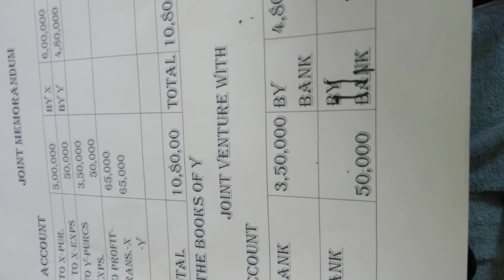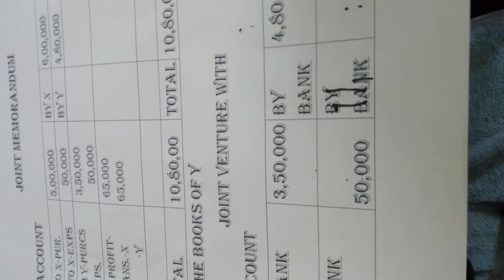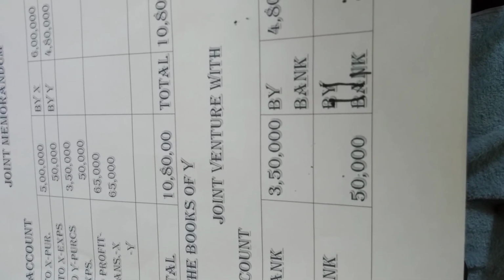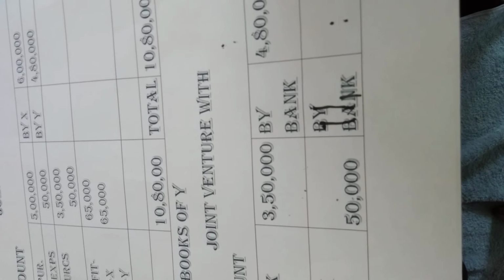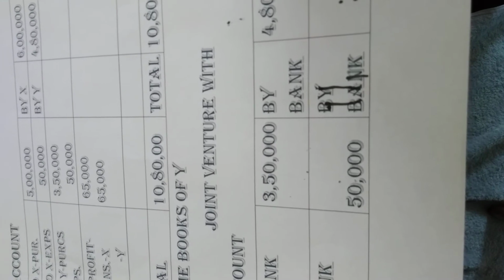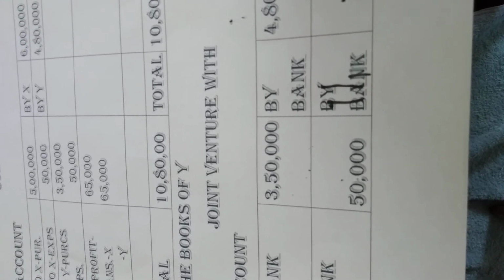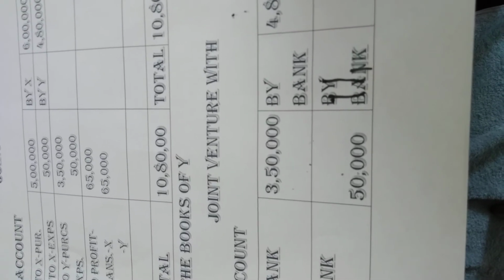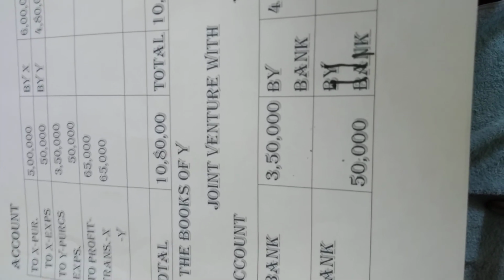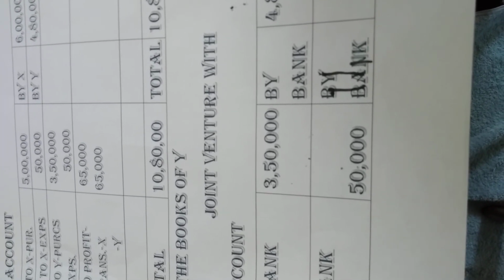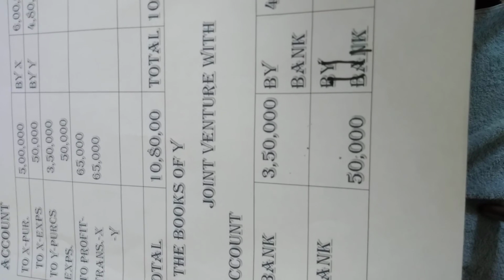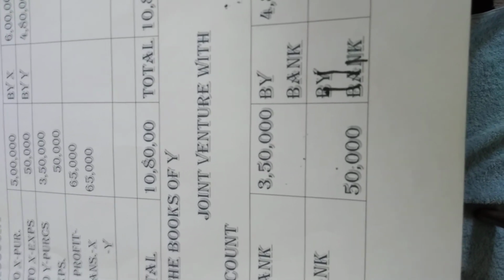And on the credit side, by X 6 lakh he has sold plots for 6 lakh and Y has sold plots for 4,80,000. The total of joint memorandum is coming 10,80,000. When we take to the debit side, the net profit is coming 1,30,000. Since no profit sharing ratio is given, this profit will be transferred to X and Y equally, 65,000 each. To profit transfer to X 65,000, Y 65,000.